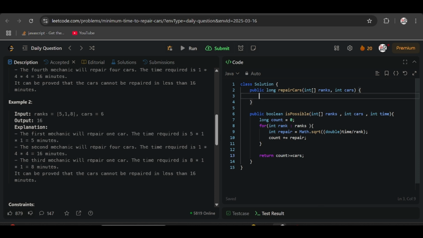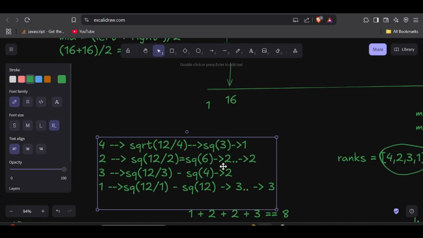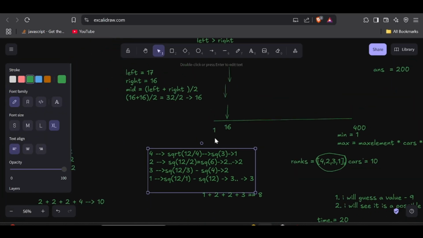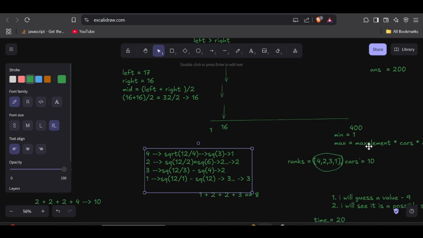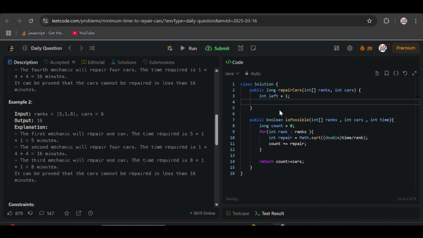Now let's come to the binary search. First of all, my left was equal to 1. As I told before, my left was initialized with 1 and my right was initialized with the maximum element multiplied by the number of cars. So we need to find the maximum value.